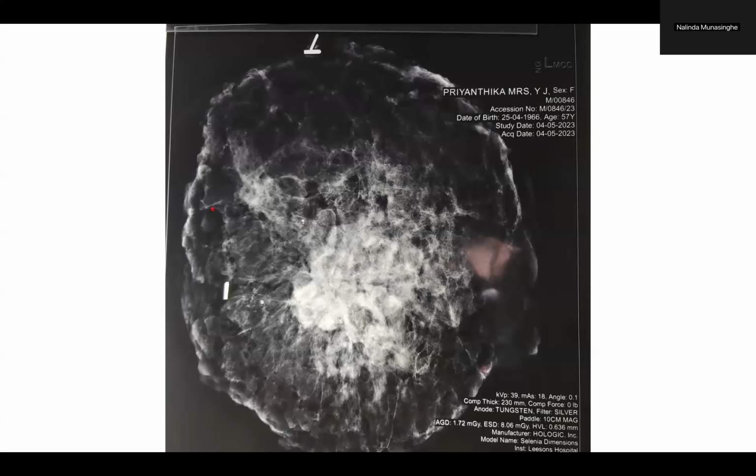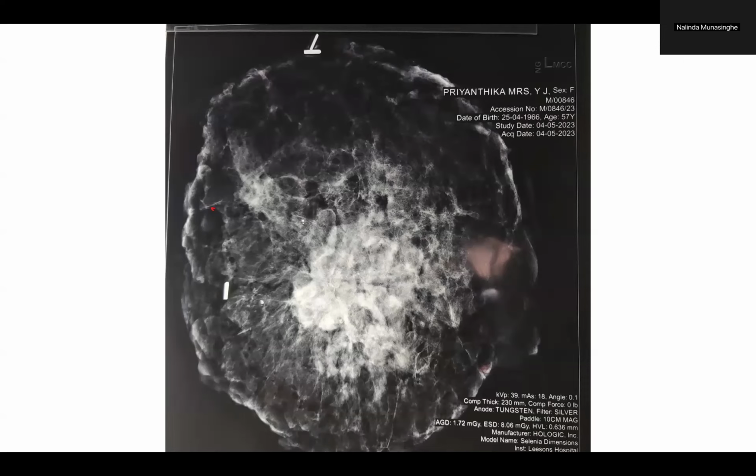So this is done. If, for example, this margin was here, that is the inferior margin, then I would have to take another shave from that inferior cavity, and I can do it at the same time, in the first surgery, rather than waiting for a second time. So that's the beauty of doing intraoperative specimen mammograms.